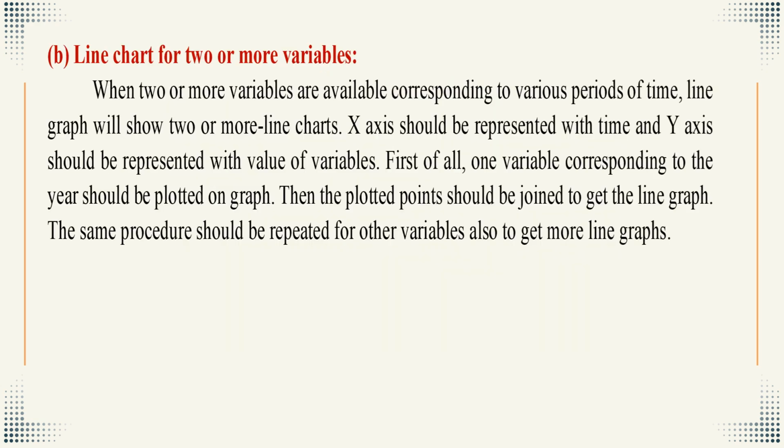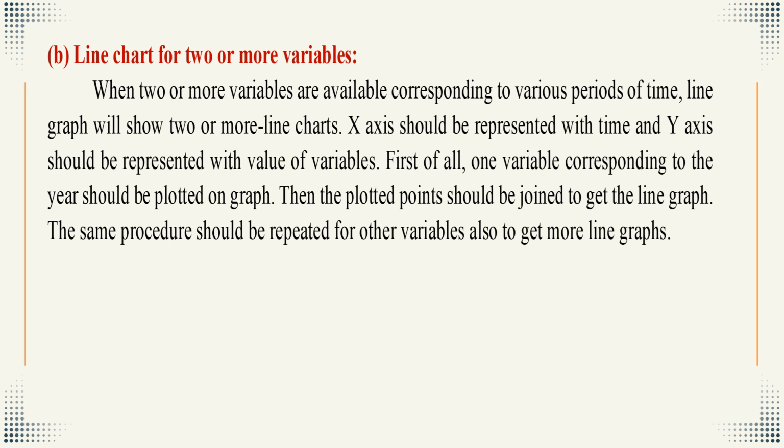Then the line chart for two or more variables. When two or more variables are available corresponding to various periods of time, the line graph will show two or more line charts. The x-axis should be represented with time and the y-axis should be represented with the value of variables. First of all, one variable corresponding to the year should be plotted on the graph.